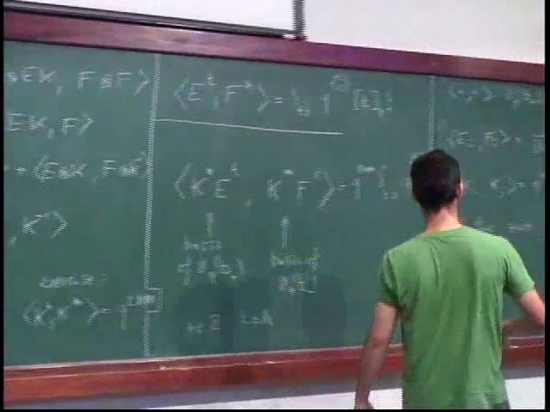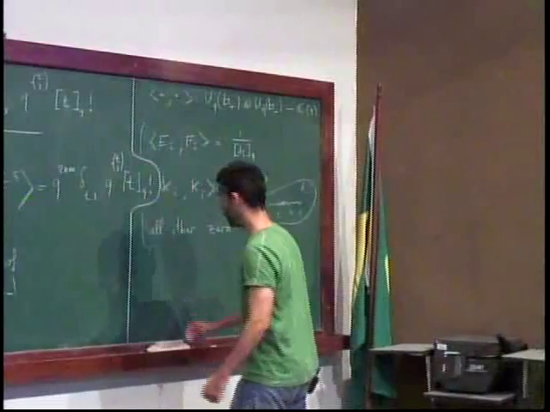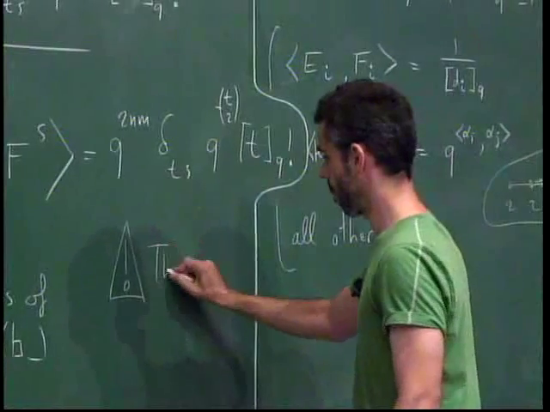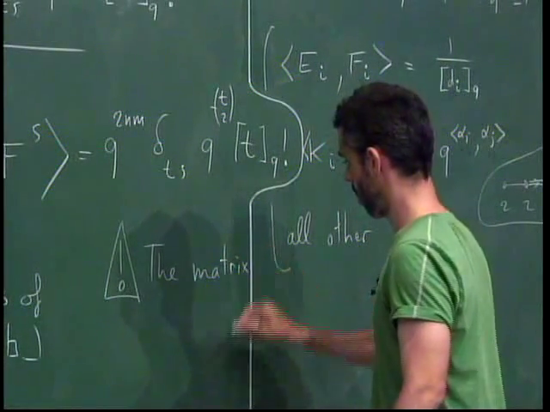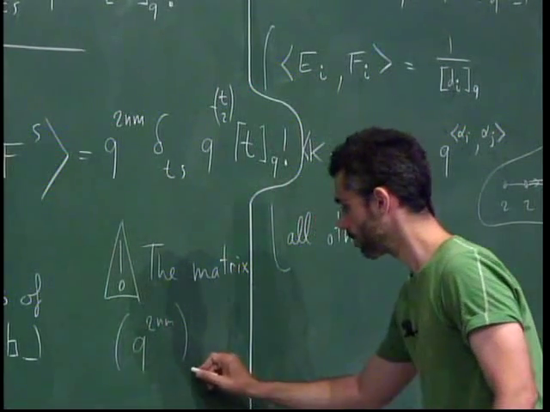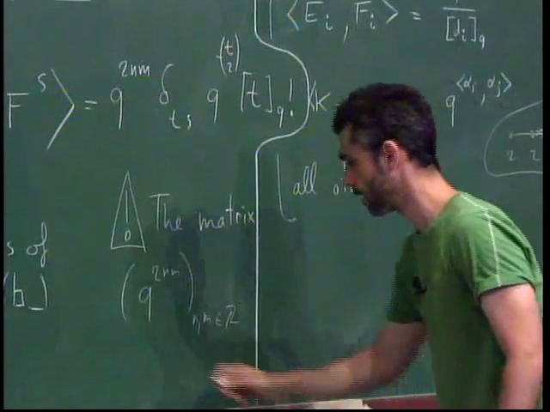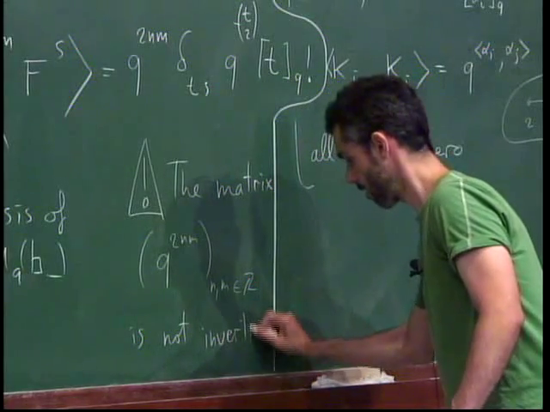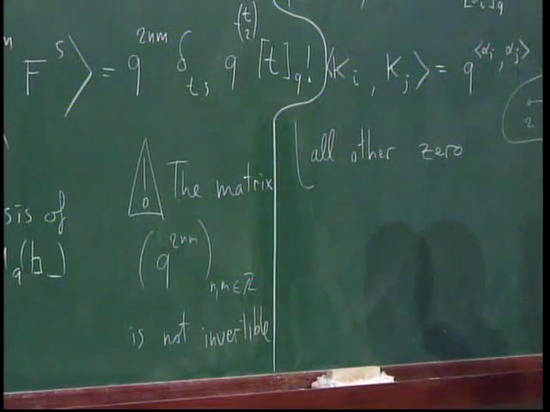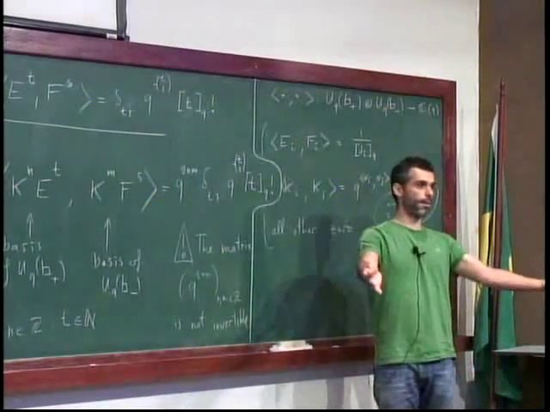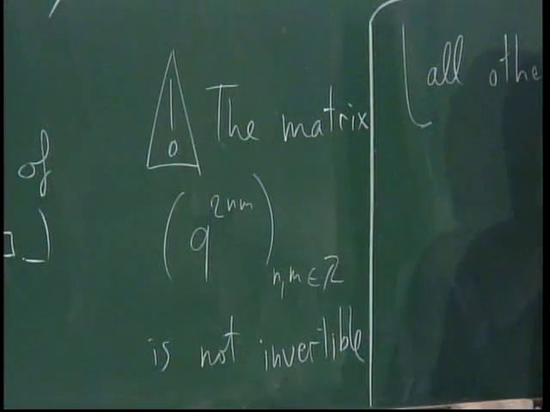So the problem: the matrix q to the 2nm indexed by Z is not invertible in any sense. Even if I could write down something that I claim is the inverse, I could not multiply the matrix with its inverse because they're infinite matrices. So it's really a problem.